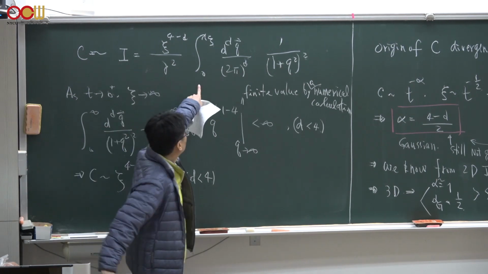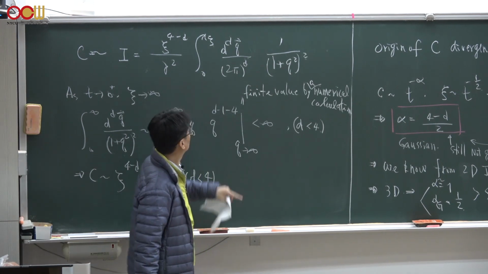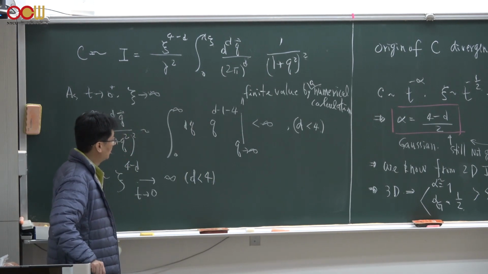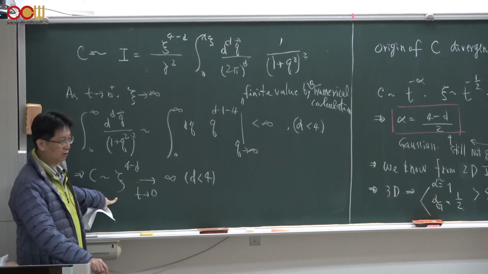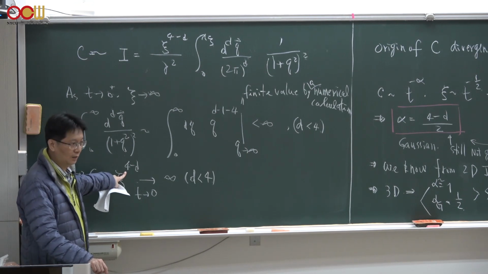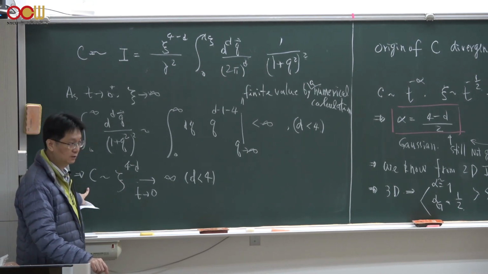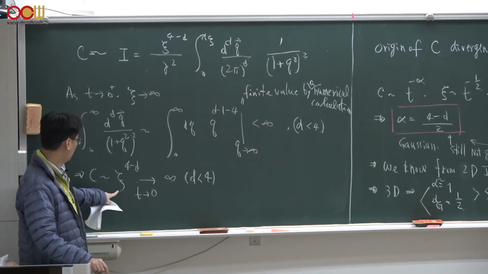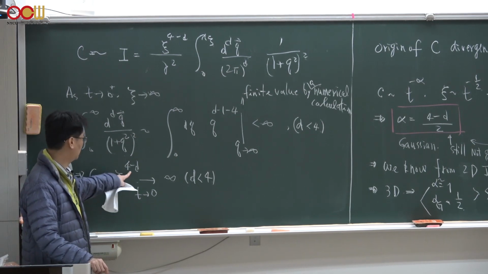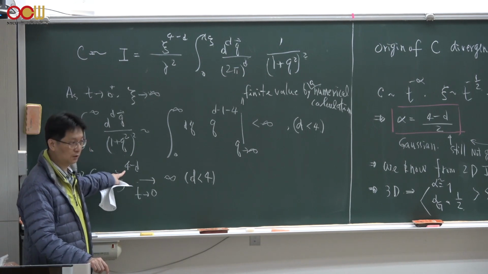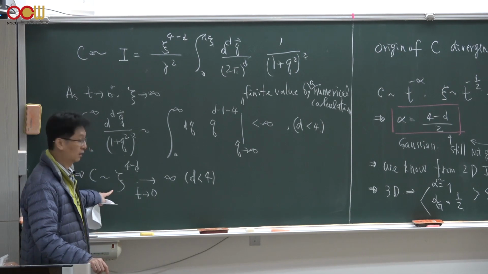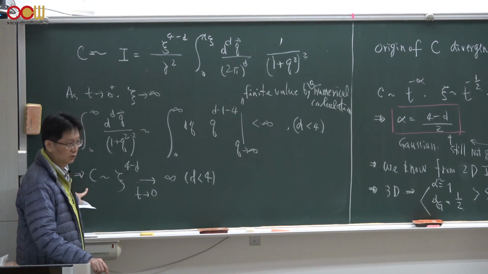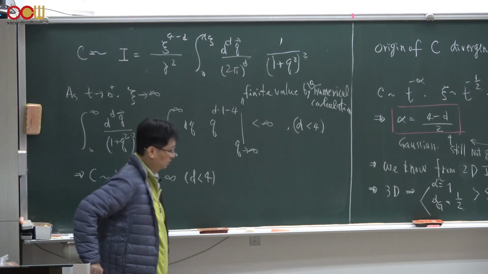Therefore, you can forget about the integral over dq when the dimension is below 4, and just look at the prefactor, which is proportional to the correlation length to the power of 4 minus d. So the specific heat diverges as the correlation length to the power of 4 minus d, where d is less than 4, which is a positive exponent. Therefore, as little t goes to 0, ξ goes to infinity, and so does the specific heat.